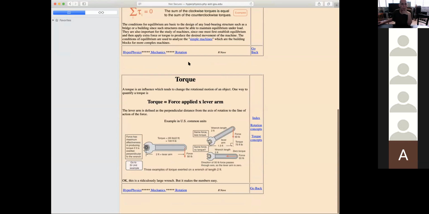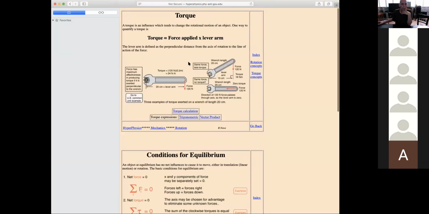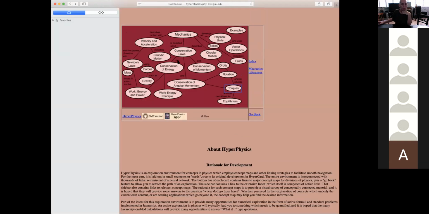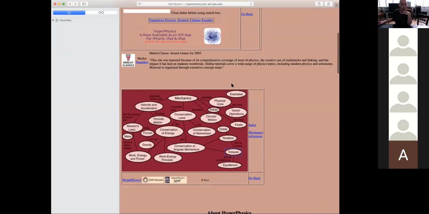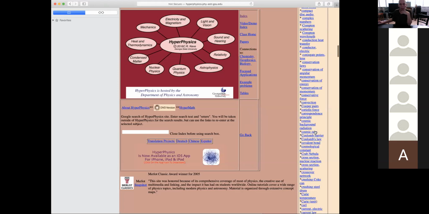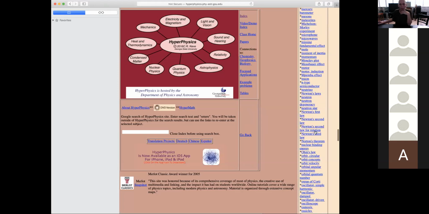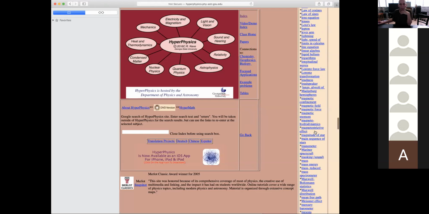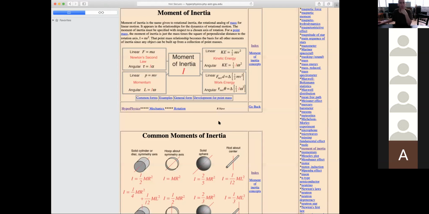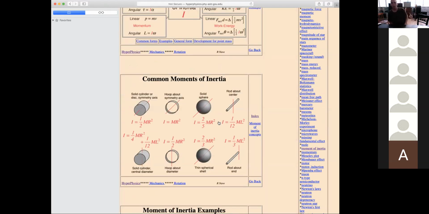This isn't exactly what I want. What I want is moment of inertia. So I can go to the index and look up moment of inertia here. Moment of inertia. So these are your moments of inertia about different axes.